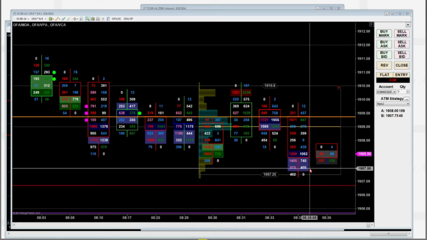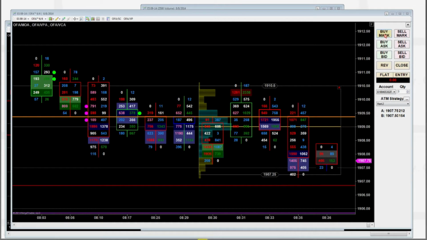I was looking for a little bit more strength at the bid, or at the offer rather, to get into that trade. Looking at the profile, almost looks done to the bottom. Like to see one more tick down to 1907 at least.